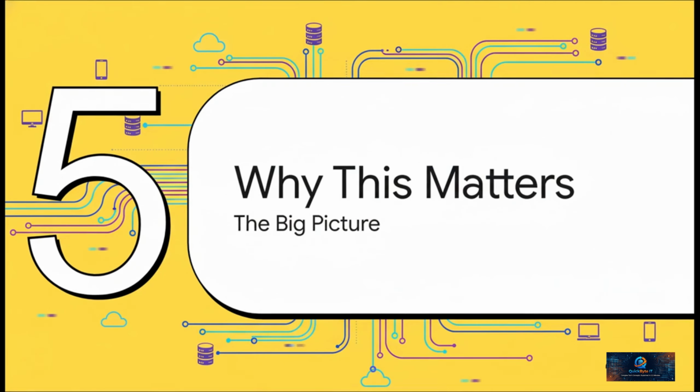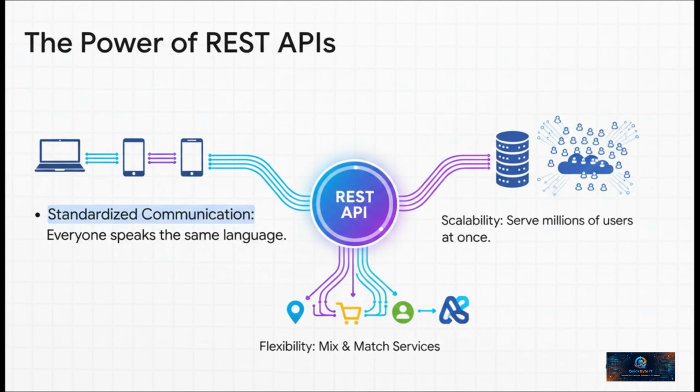Okay, so now we get how it works. But so what? Why does any of this matter? Well, this seemingly simple system, this invisible plumbing of the internet, is actually a huge, huge deal. Its impact is just massive. Here's why it's such a game changer. First, that standardization we talked about. It means everyone is speaking the same language.